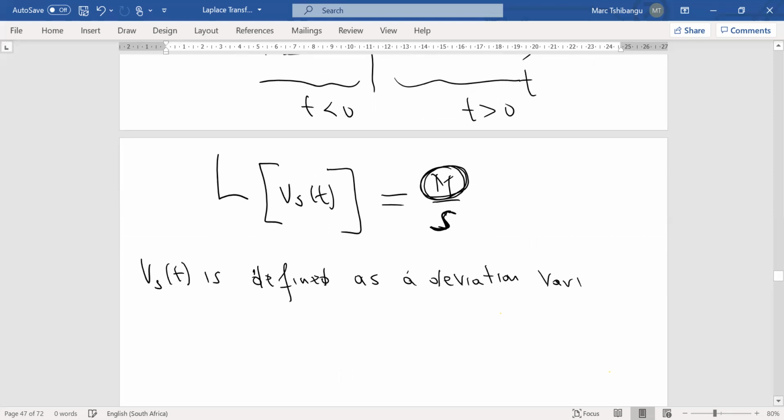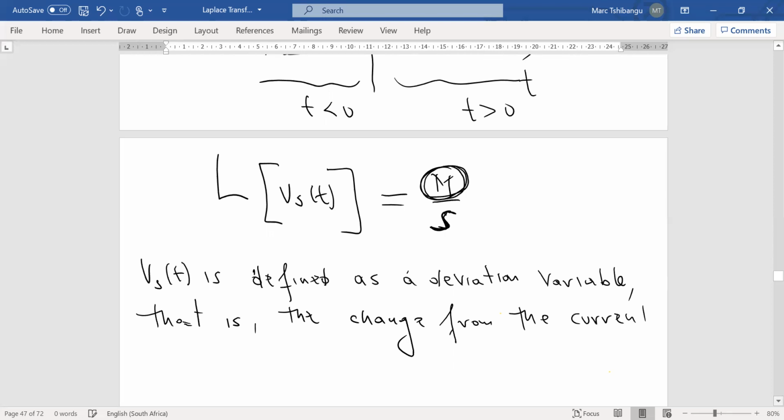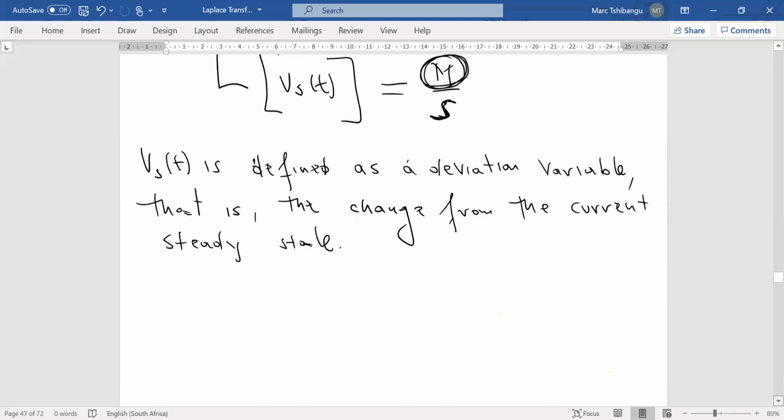That is, the change from the current steady state. Everything else will be much clearer as we progress with examples.